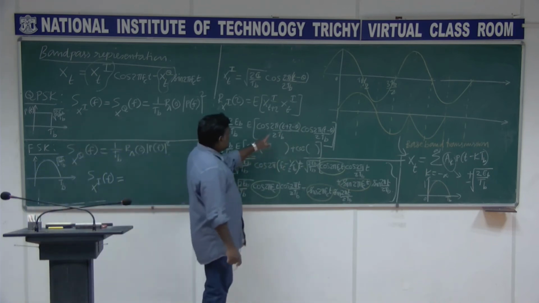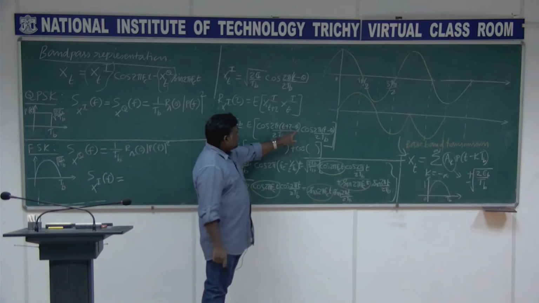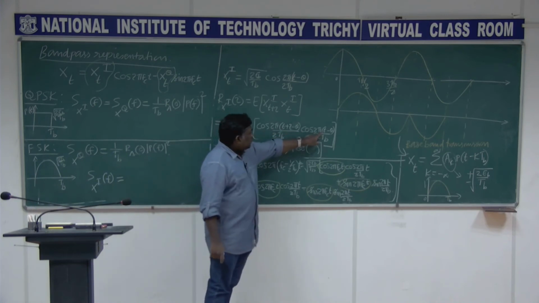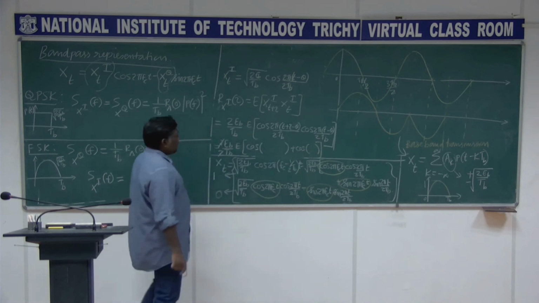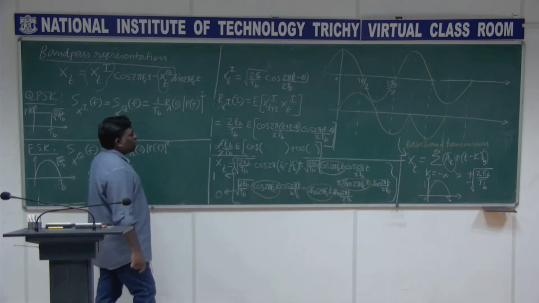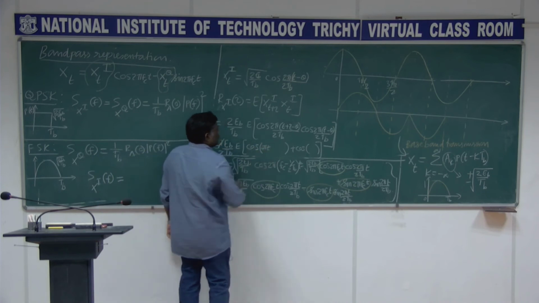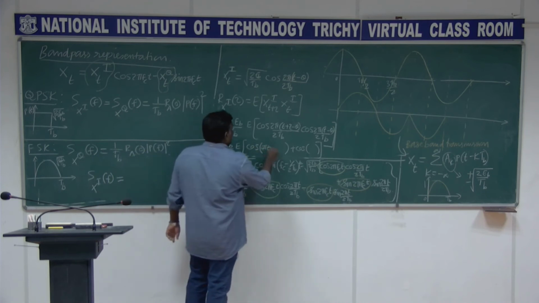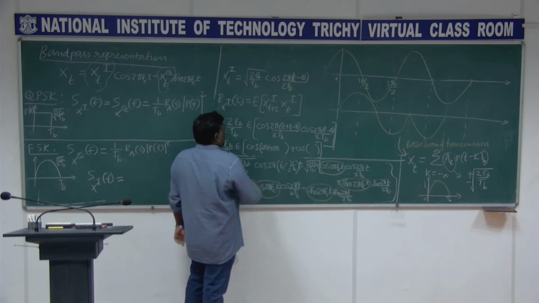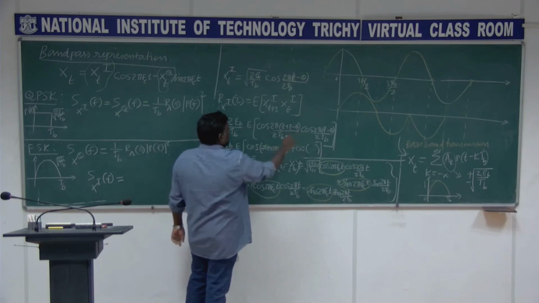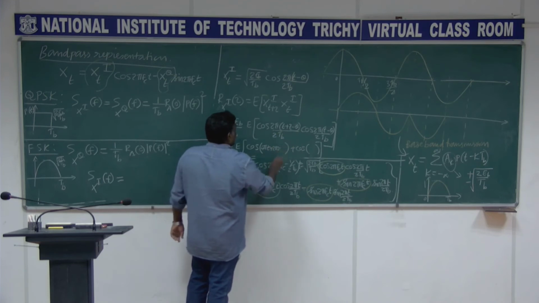So you get 2 pi (t plus tau minus theta) plus (t minus theta), so you get 4 pi t plus 2 pi tau, right, and here 2 pi theta, there also 2 pi theta, minus 4 pi theta here.